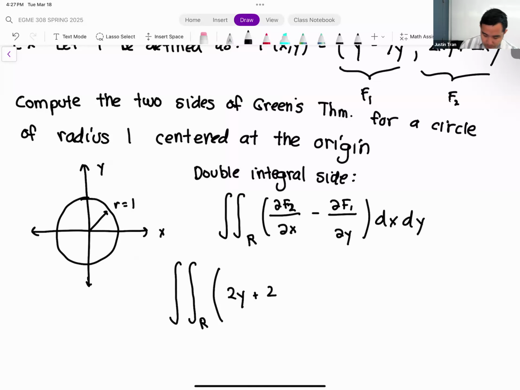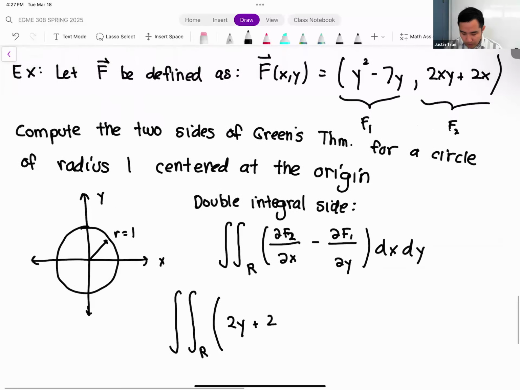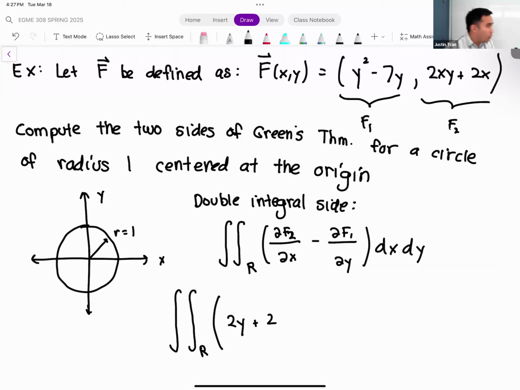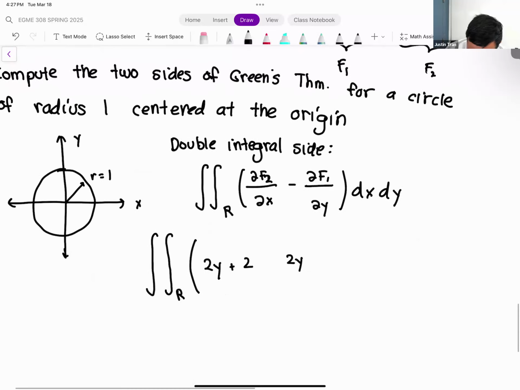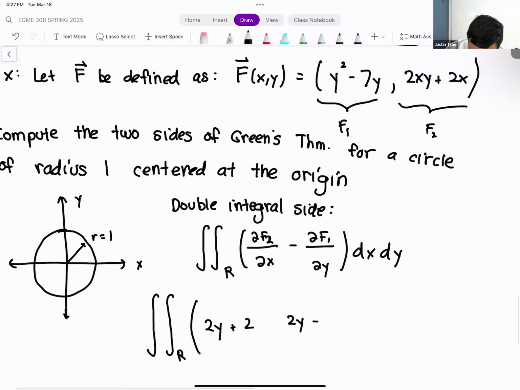And then we're going to take partial F1, partial y. The derivative of y squared minus 7y is 2y minus 7. We're going to subtract these two things.